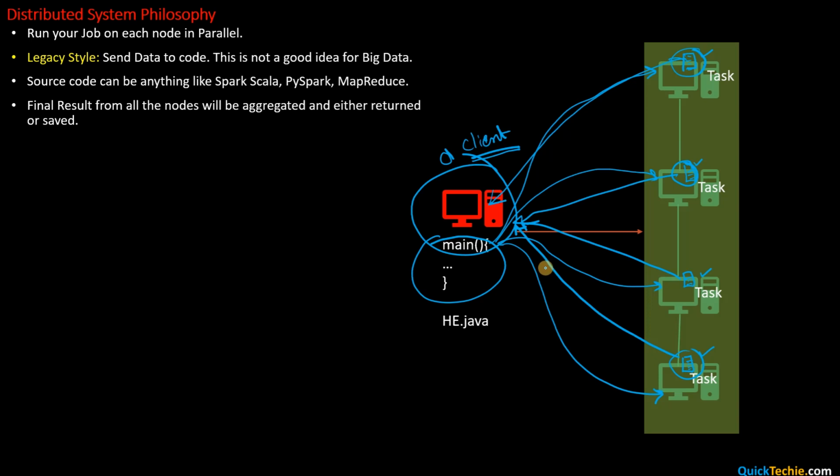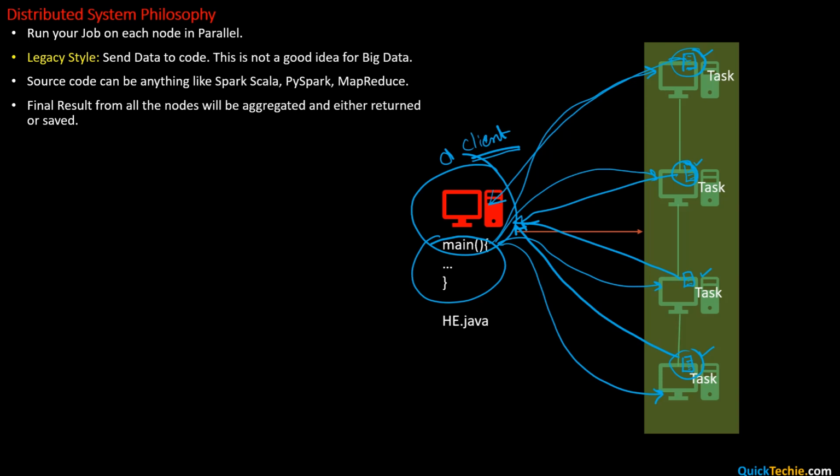Source code can be anything like Spark, Scala, PySpark, MapReduce, Java code, etc., that you can transfer to the different nodes in your cluster. The final result from all the nodes will be aggregated and returned or saved to disk, basically.